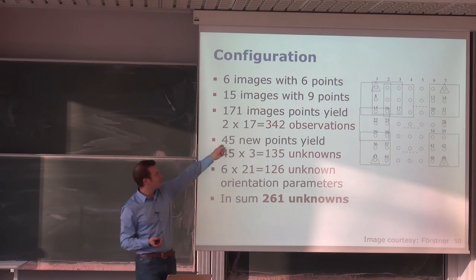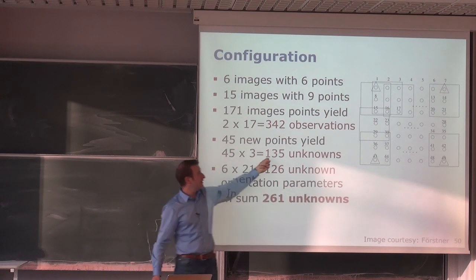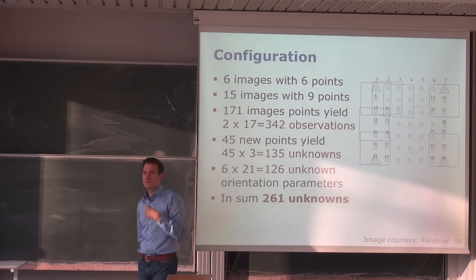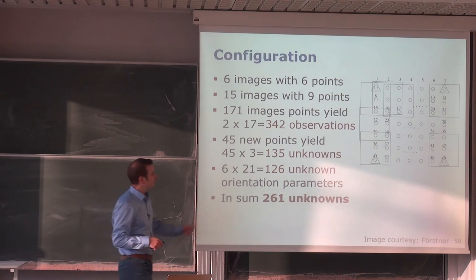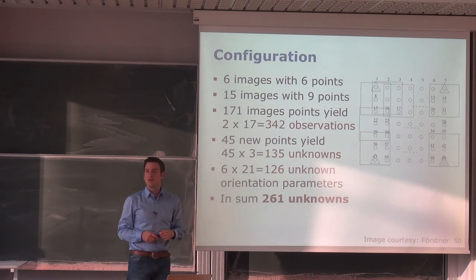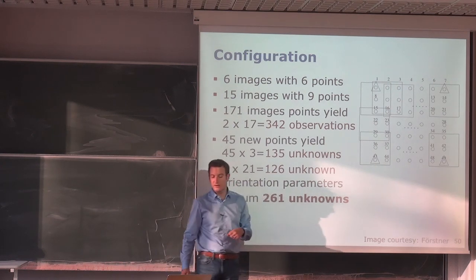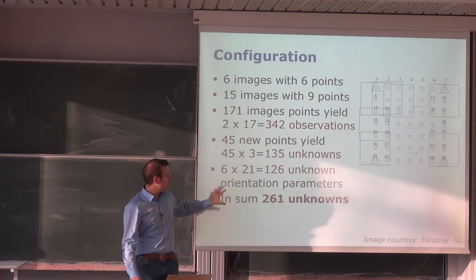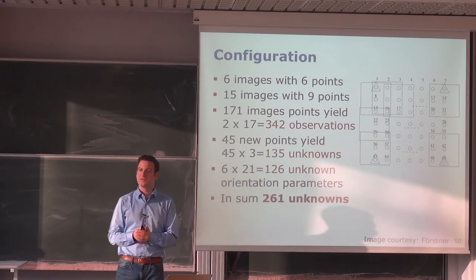So this is 45, which is 49 minus 4, times 3, giving 135 unknowns for the location of the points. As we have 21 images with 6 unknowns each, we have 126 unknowns here. So in sum, we have 261 unknowns and 342 individual observations.